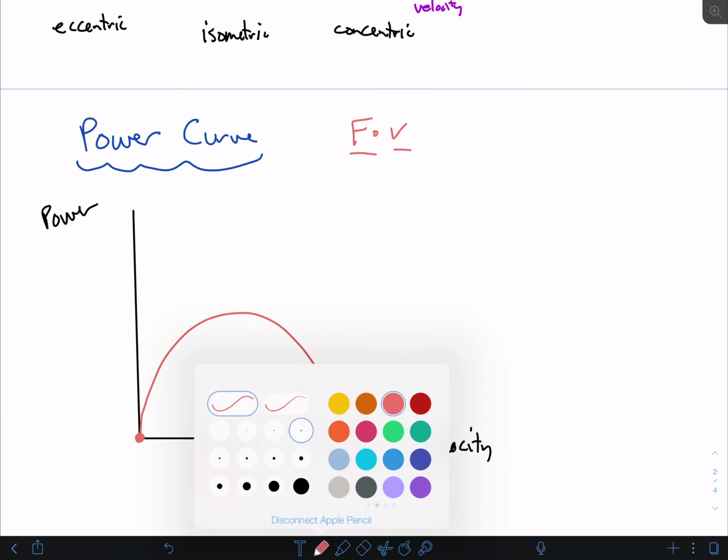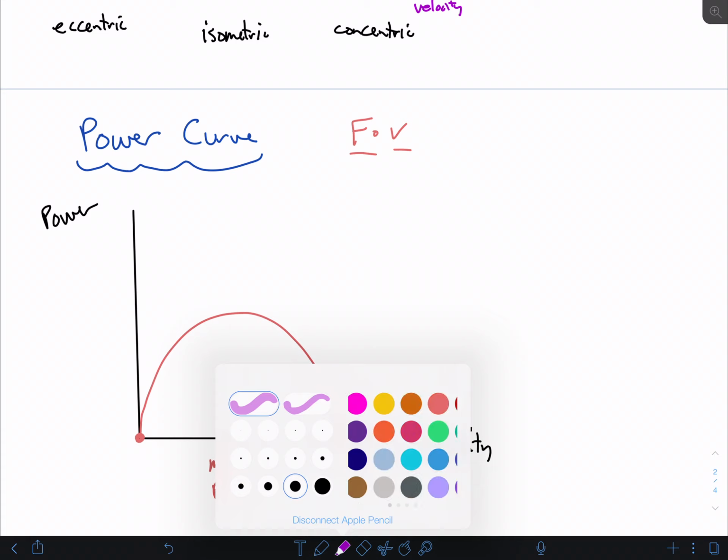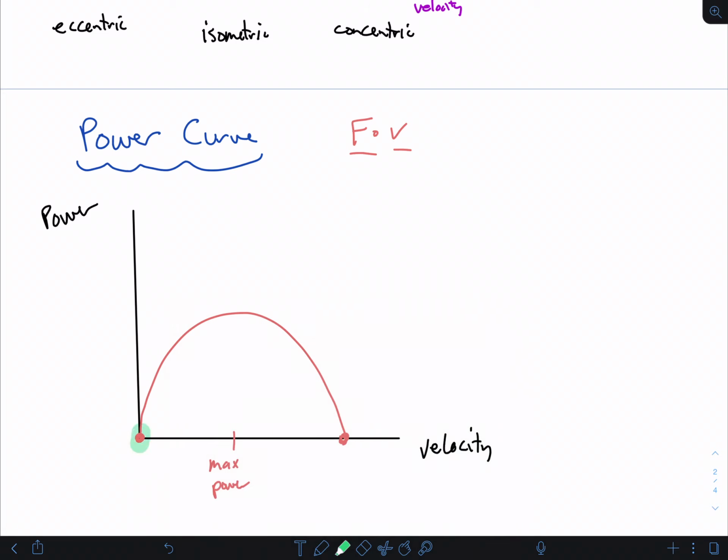Just to also be clear, this whole time, this is all sort of your max. So this is the maximum power you can generate at each of these given velocities. It's all the max power at each of those velocities, but there is a single point where you can have the most power overall, and that could be your max power velocity.